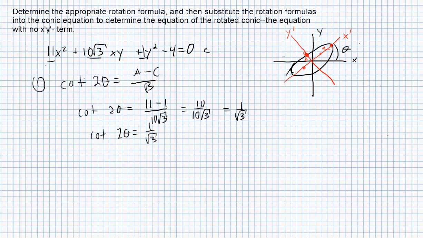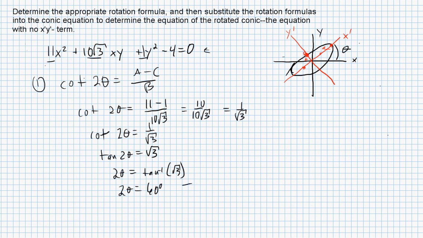So we've got cotangent 2 theta is equal to 1 over rad 3. Now, we don't have a button or a table that gives us cotangent values, so we'll take the reciprocal of both sides and get tangent 2 theta is equal to rad 3. We arctan both sides, so 2 theta is equal to arctan rad 3, and so 2 theta, according to my calculator, is 60 degrees.